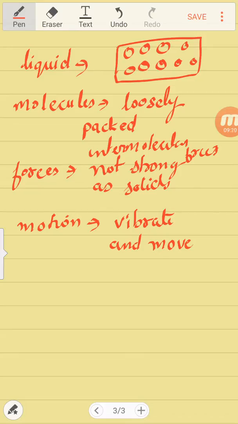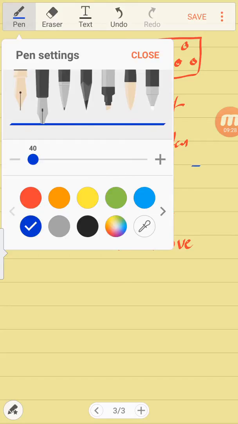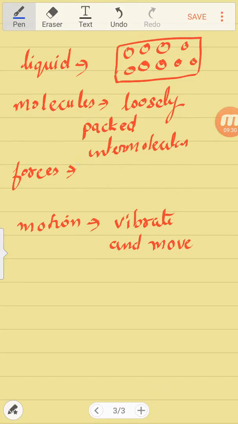Okay, here let me write it clearly. The force name is intermolecular force. The force is not as strong as solid.